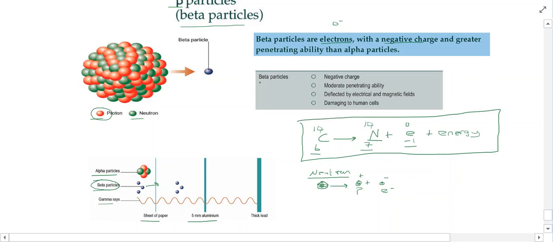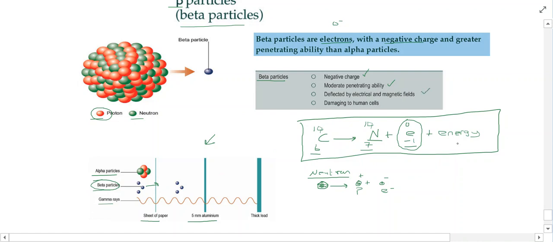Some of the characteristics then of beta particles: they're negatively charged, because they're a high energy electron. They have moderate penetrating ability, so they easily pass through the skin or a sheet of paper, but they're stopped by aluminium. They're deflected by an electric and a magnetic field.